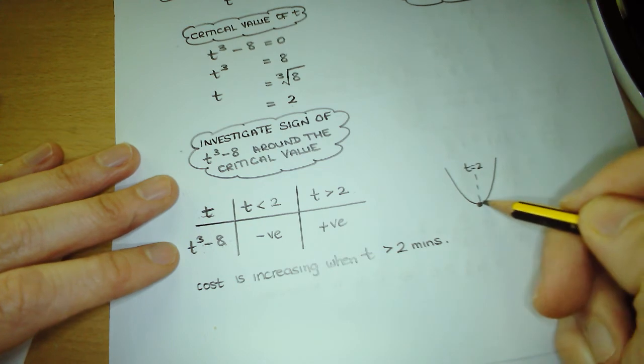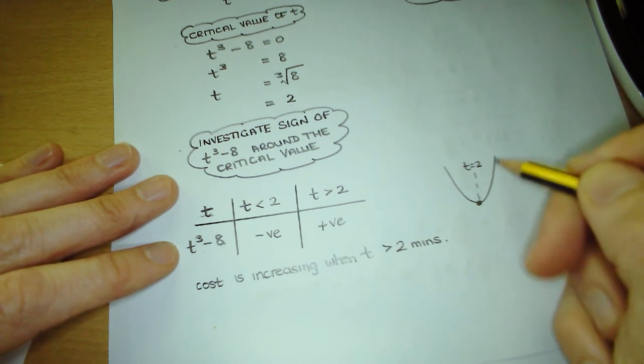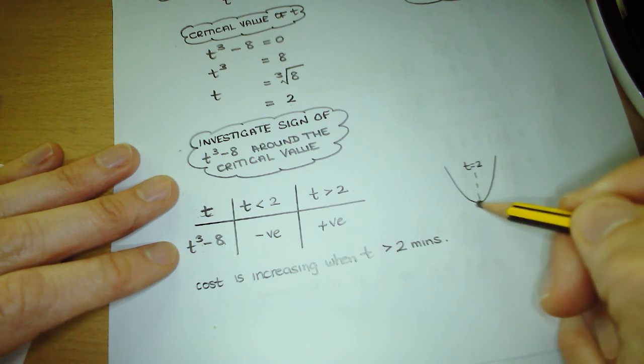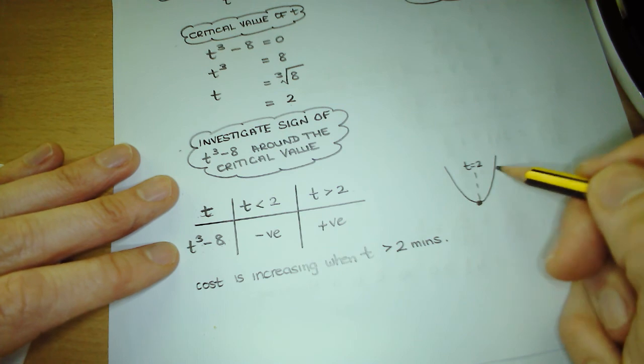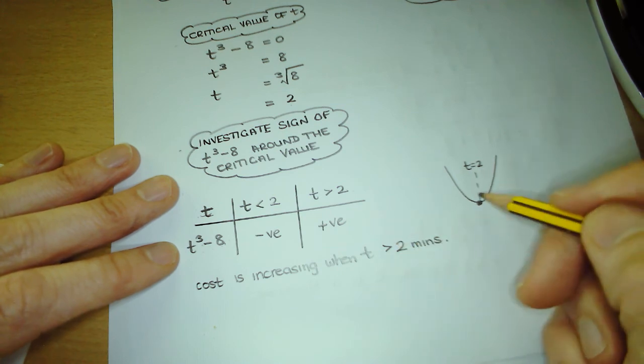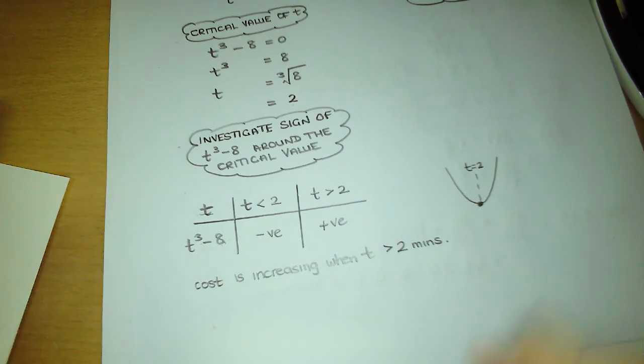So the cost is increasing again for values of t bigger than 2, because the cost was going down and down and down until you got to the minimum cost at t equals 2, and then the cost is on the rise. It's increasing again, so it makes sense. Cost is increasing again when t is bigger than 2. Okay, so that's our answer then for part C.